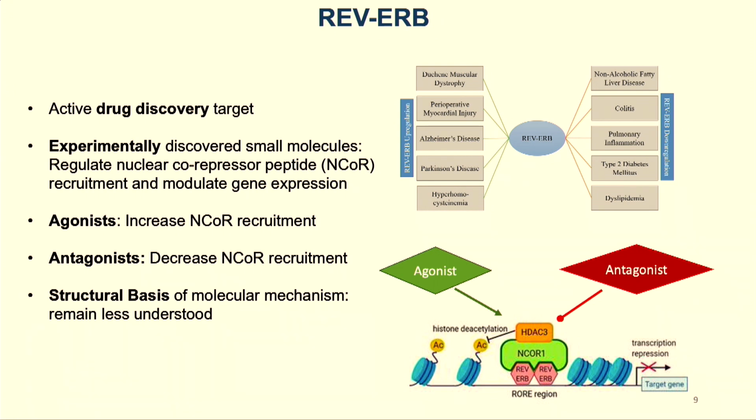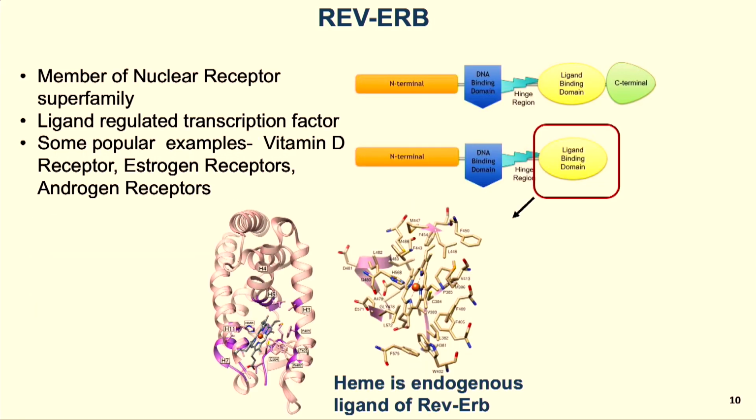The downstream effect is what you can see. The problem is sometimes they are agonists, sometimes they are antagonists, and while you are discovering it, you don't know what kind of molecules will come up. So certain antagonists have been discovered, certain agonists have been discovered. However, the structural mechanism of how this agonist works at the molecular level or how this antagonist works is not known. So this is essentially what we set out to do.